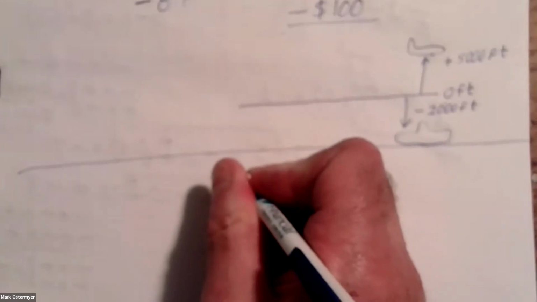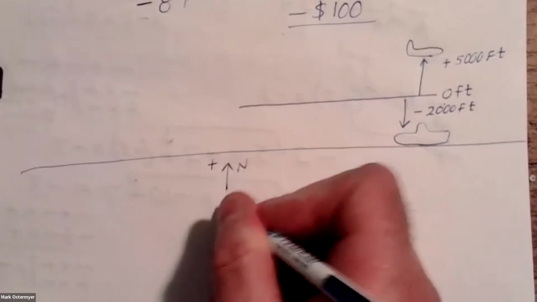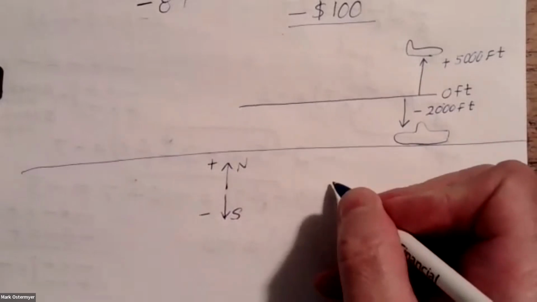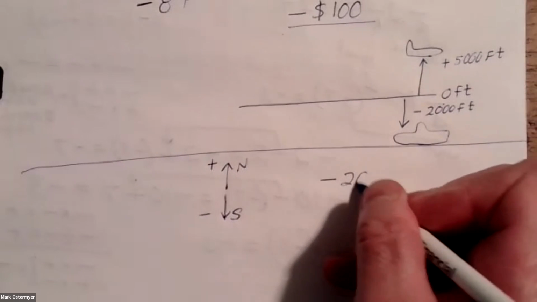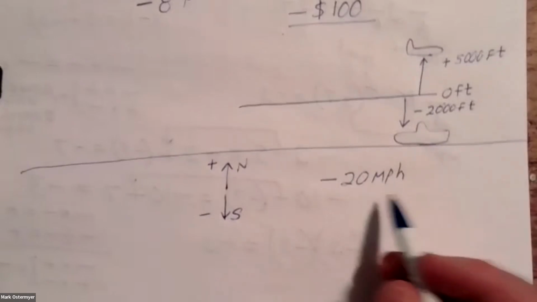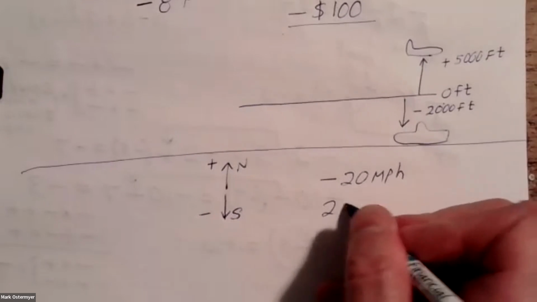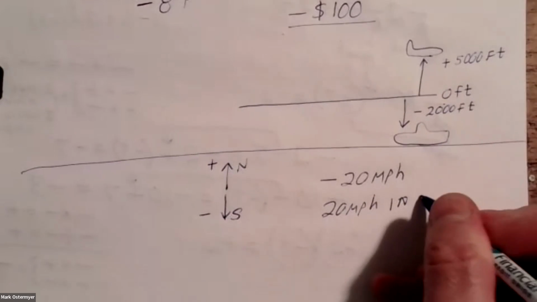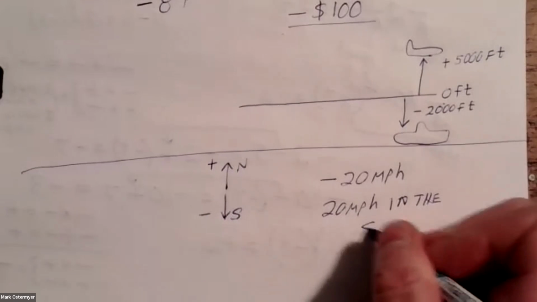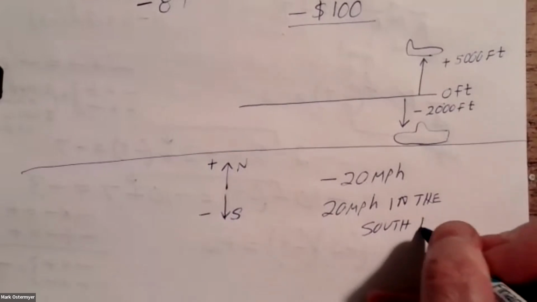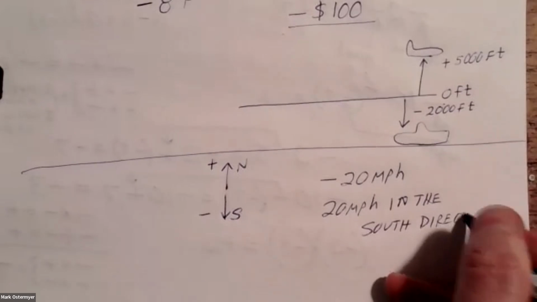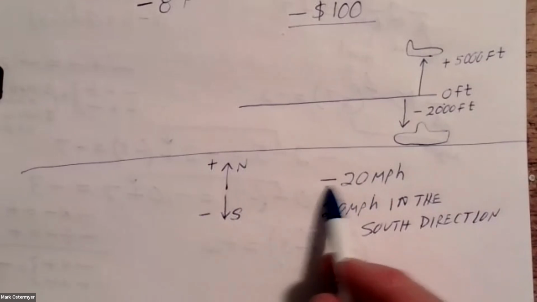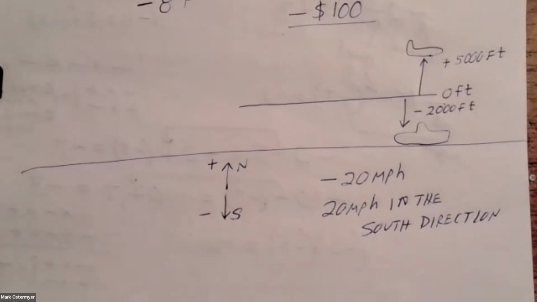For instance, if I designate the north direction as positive and the south direction as negative, and I say I drive negative 20 miles per hour, that indicates I'm really driving at a speed of 20 miles per hour in what direction? In the south direction. So negative signs in front of speeds can indicate direction. They're called vectors.